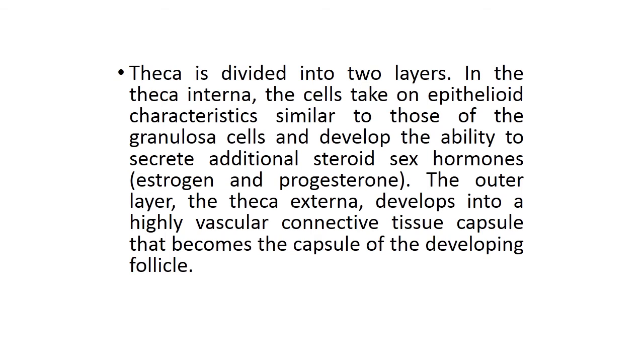In the theca interna, the cells take an epithelioid characteristic similar to those of the granulosa cells and develop the ability to secrete additional steroid sex hormones, estrogen and progesterone. That is done by the theca interna. The outer layer, the theca externa, develops into a highly vascular connective tissue capsule that becomes the capsule of the developing follicle.